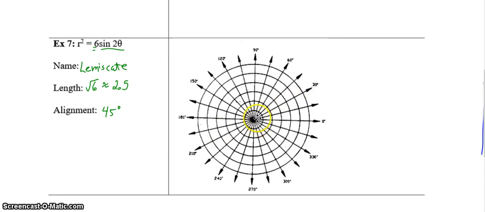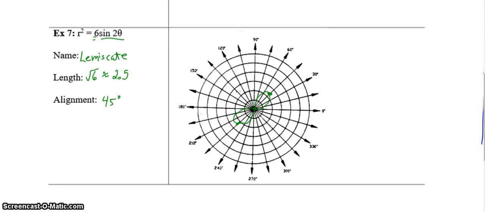So at 45 degrees go 1, 2, and a bit. Oops, put that on 30 instead. And then the figure 8. That's all there is to it. Boom, done.